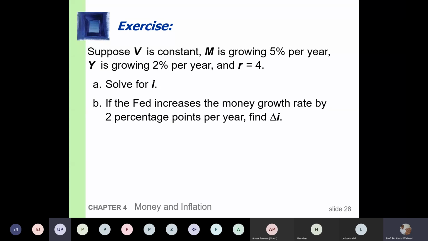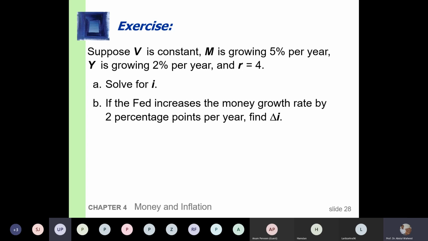Any answer? This is very easy. If money growth rate increases by 2 percentage points.